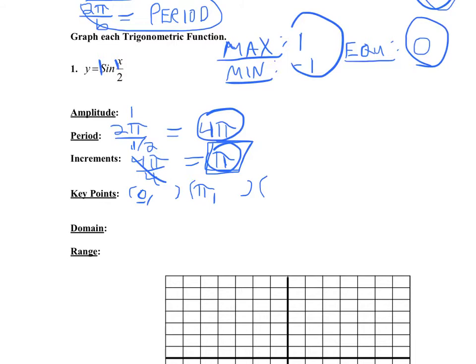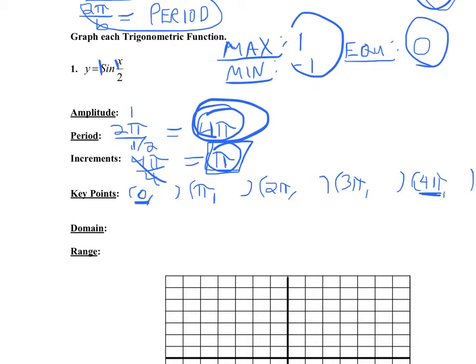Add pi to the pi, I get 2 pi. Then I get 3 pi. And if I add pi to that, I get 4 pi. And that makes sense because the distance from 0 to 4 pi is 4 pi, and that is the period. So you're kind of checking your work as you go along.